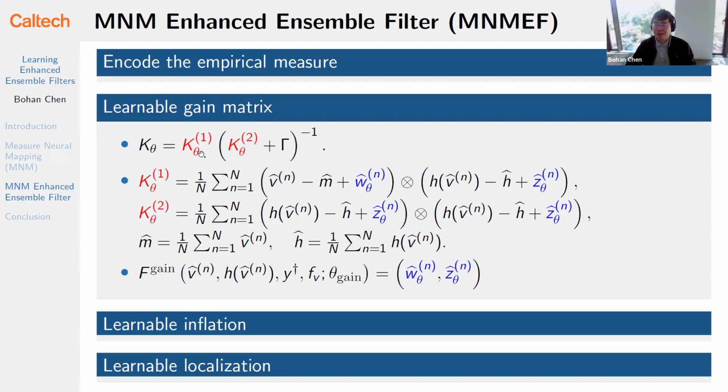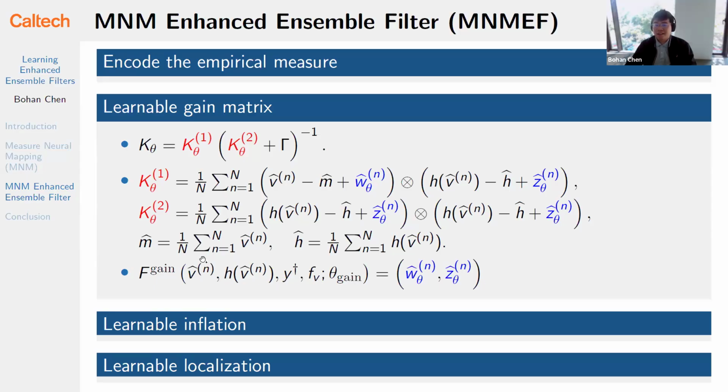Here we rewrite these two covariance matrices as K theta 1 and K theta 2. These two matrices correspond to the original covariance matrices, with a learnable additional term. This W theta corresponds to the state, and this Z theta corresponds to the observations.